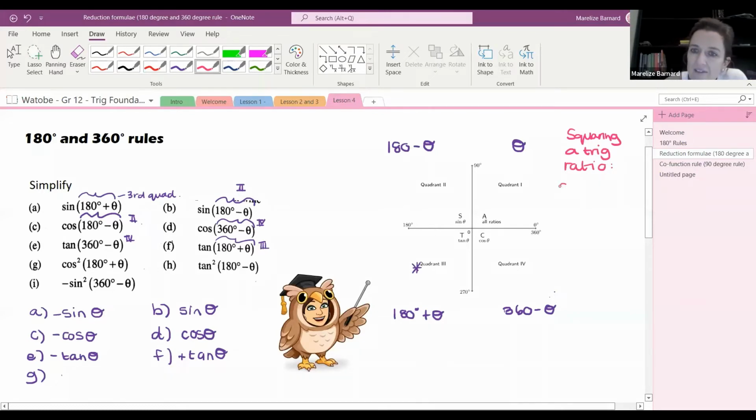So if I have sine squared theta, that is the same as sine theta squared. Okay, so whenever I'm squaring a trig ratio, it will be positive. Yes, that is right. A square, can you see, is never negative.